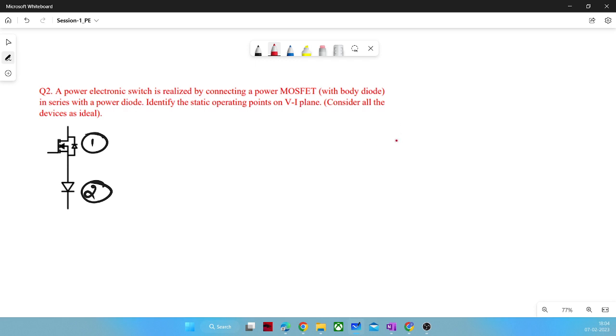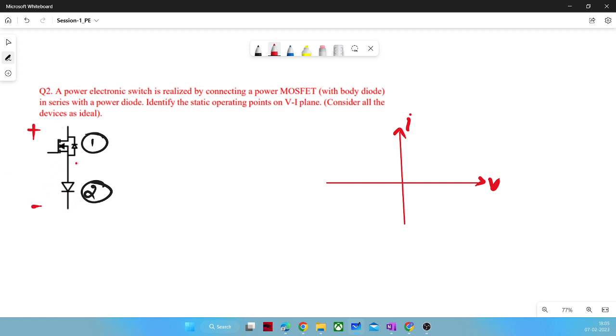Generally, the VI plane we indicate like that. This is I, this is V. So we need to find in which direction the current will flow. Let us assume first I will take this kind of polarity, plus to minus from 1 to 2.